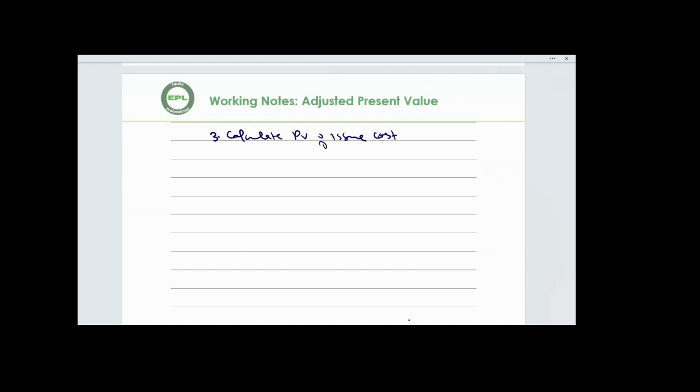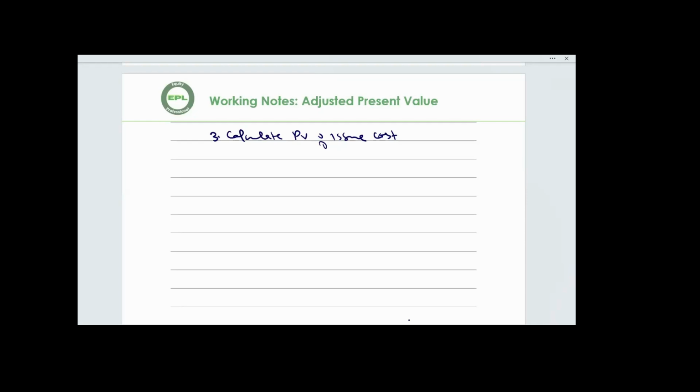Where you are not given issue cost, you don't need to do that. I've already told you, you only calculate APV where issue cost or subsidized loan is given. At times, the examiner may not give you issue cost, but you'll be given subsidized loan. At times, the examiner may not give you subsidized loan, but you'll be given issue cost. So when you see those information, you should know what to do.